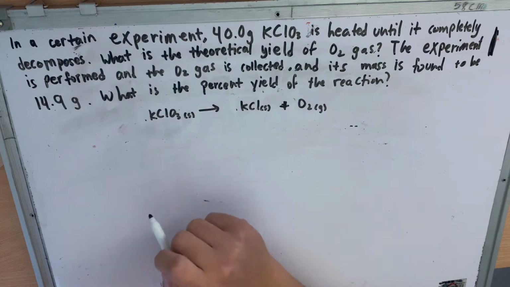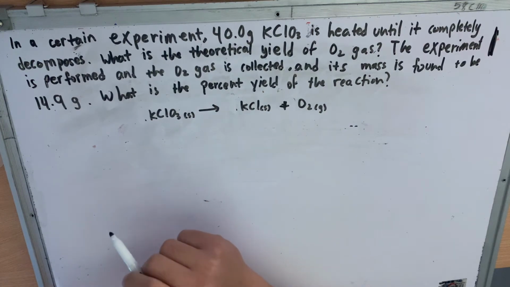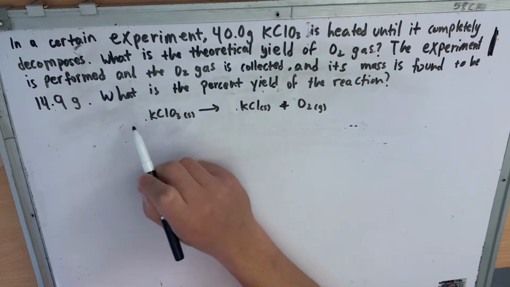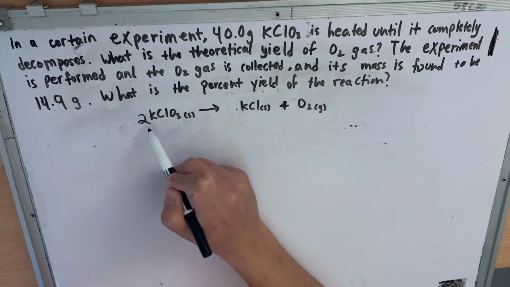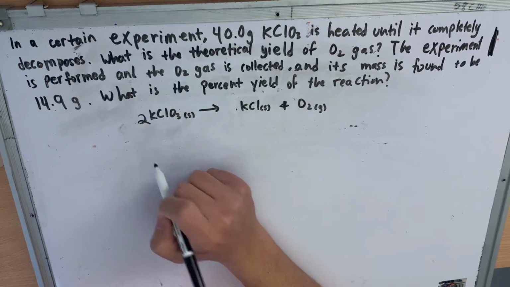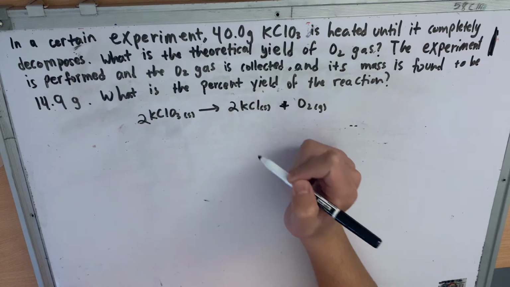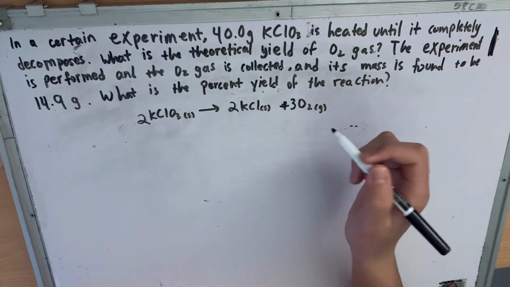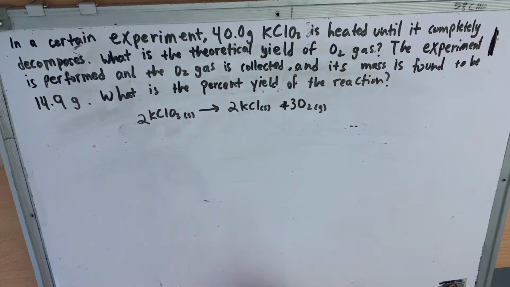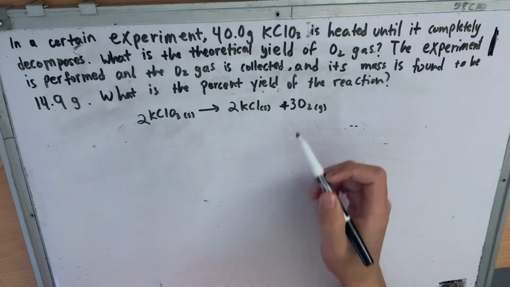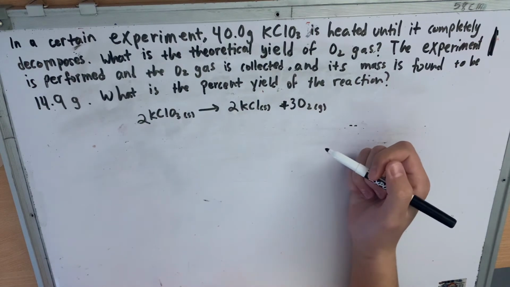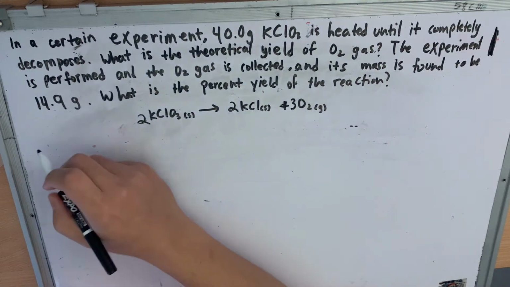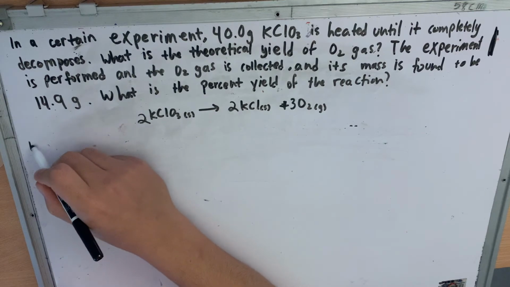We first have to start off by balancing the equation, so we need a 2 over here, and a 2 over here, and a 3 over here to balance out all the elements. Now first we have to calculate the theoretical yield of oxygen based on our stoichiometry. So let's list all the things we know.